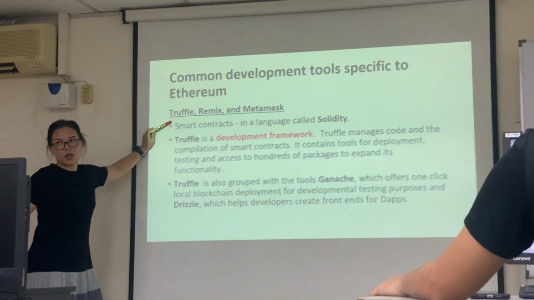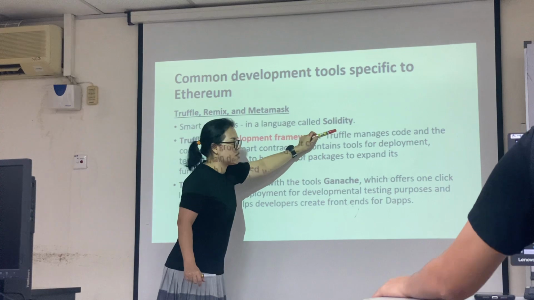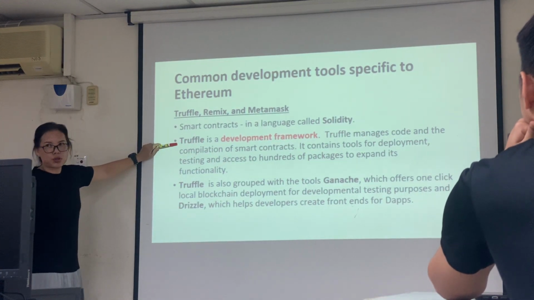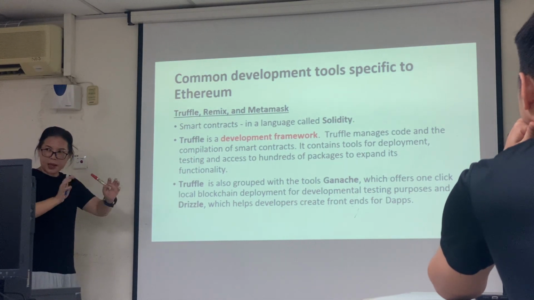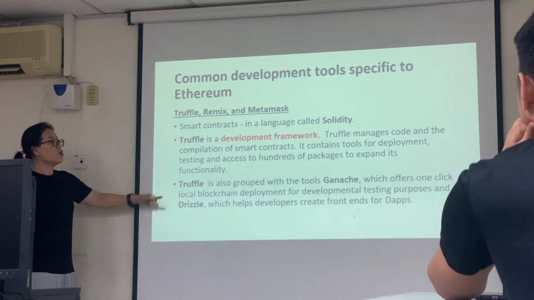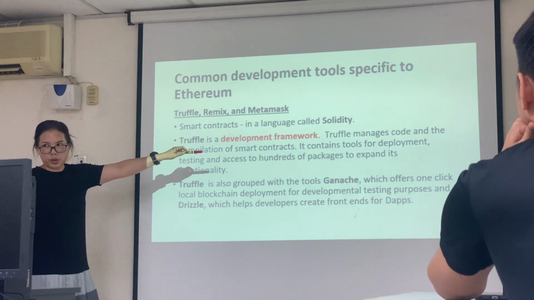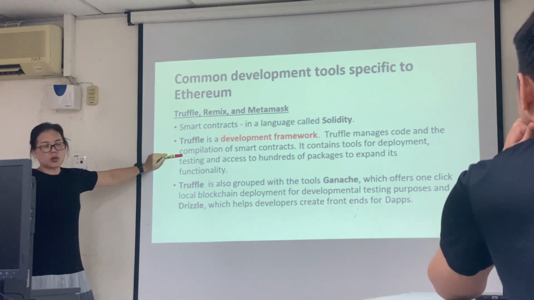So just now I mentioned your backend code is called a smart contract, and a smart contract uses a language called Solidity, and then we will use Truffle. With Truffle you need to do an installation to form your network, to have your backend, to have this private blockchain. Okay, so you have a development framework. Truffle helps us manage the code and compile our smart contract.